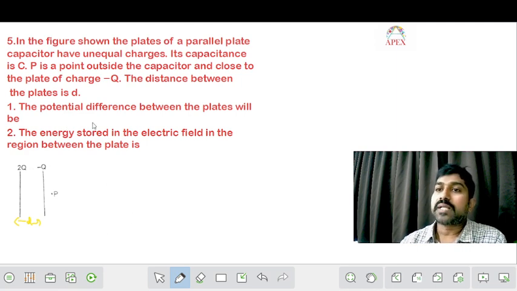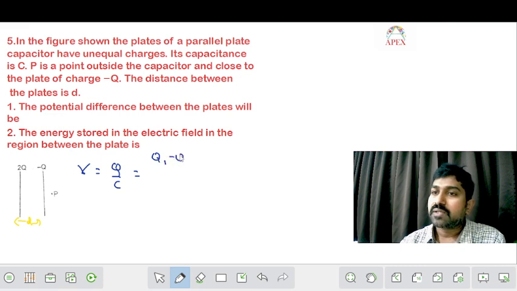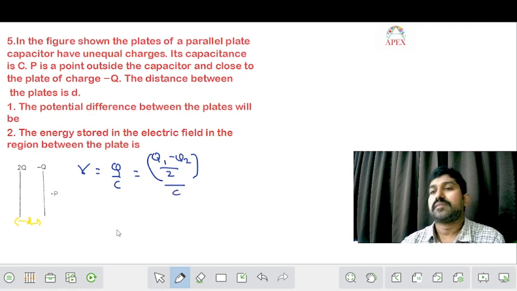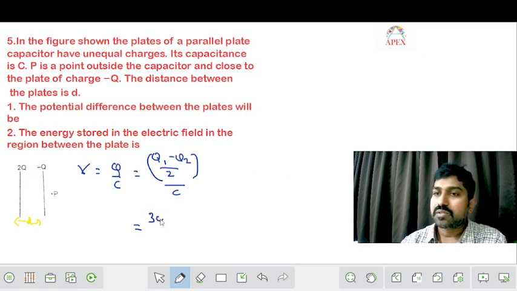And the potential difference between the plates will be as in the previous question. How do we solve the resultant charge? To calculate the potential, potential is nothing but Q by C. What we have written in place of Q? In place of Q we have written (Q1 minus Q2) by 2, divided by C. Due to induction that will happen. It is equal to Q1 minus Q2, means 2Q minus Q, that is 3Q. So 3Q by 2C. Answer is also as in the previous case only.